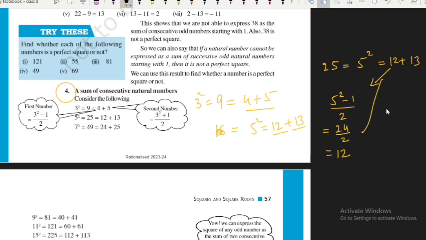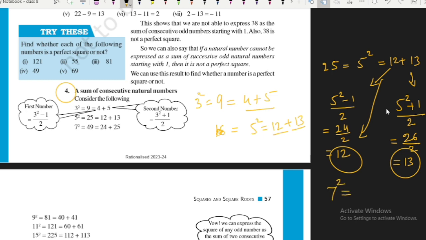So you get the first number 12. The next number you get is 5 square plus 1, divided by 2, that is 26 upon 2, that is 13. So these are the two numbers expressing the square of an odd number as a sum. Okay, so you can try for 7 square. How can we write this as a sum of two consecutive natural numbers?